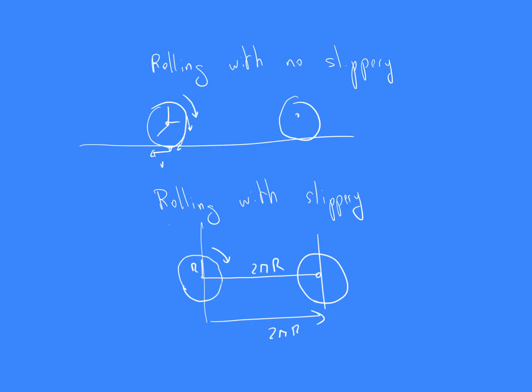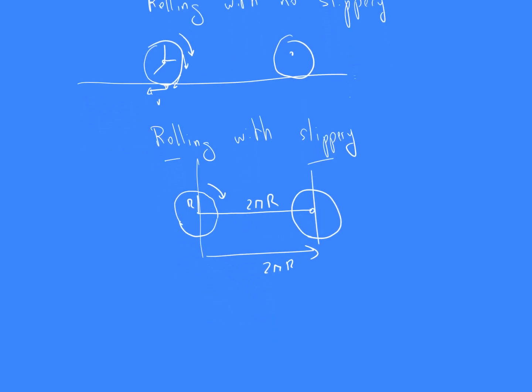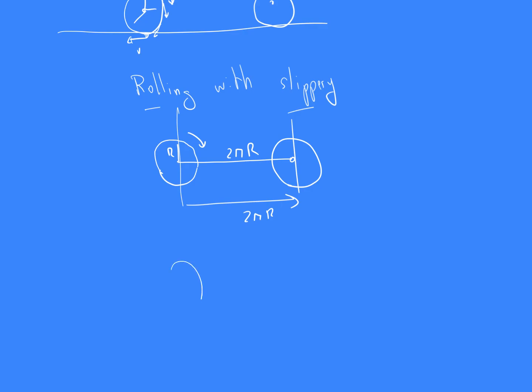And what does rolling with slipping mean? Rolling with slipping means that the tire will move, but will not be able to advance 2 pi r when it does one revolution.